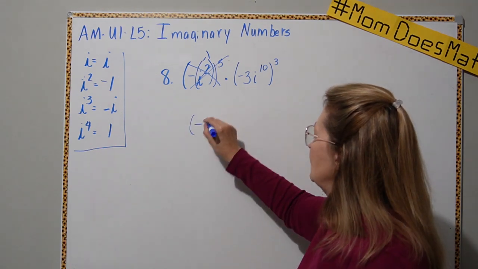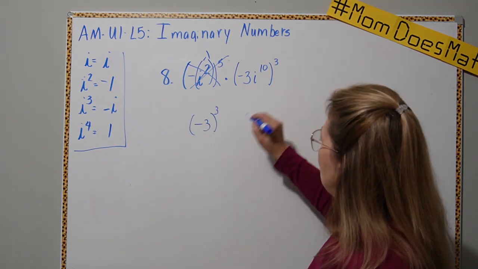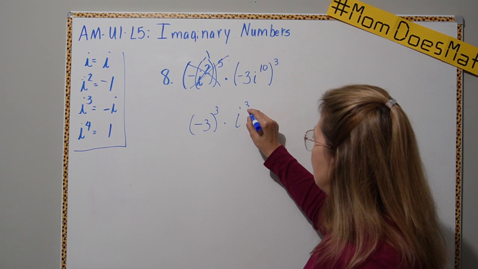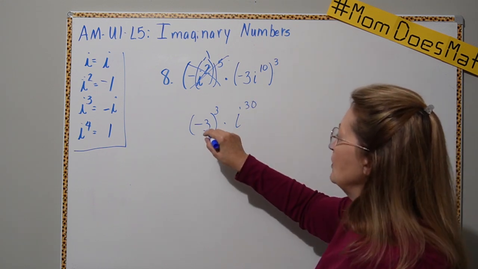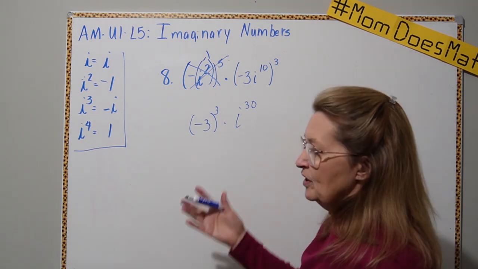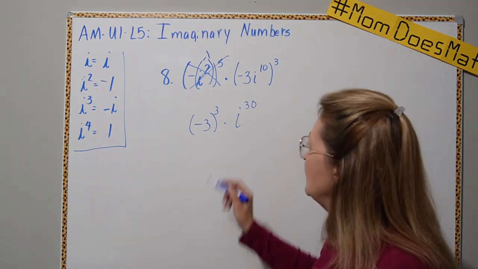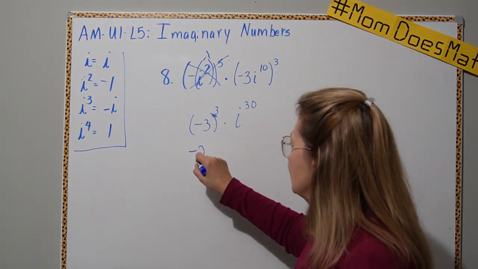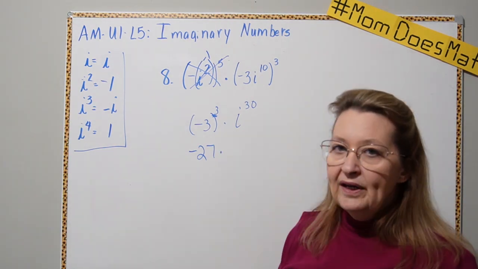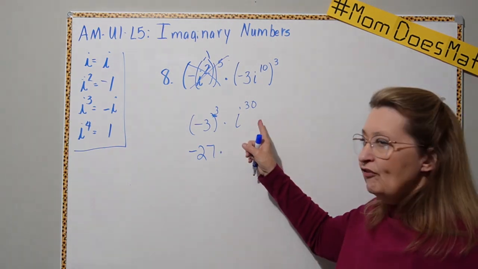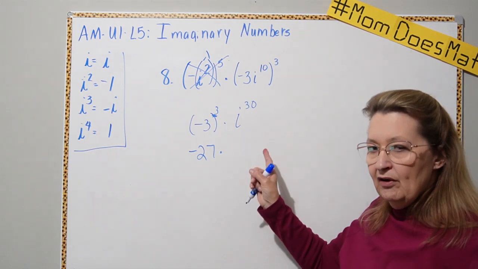Negative 3 to the 3rd power times i to the 30th power. Everything got a 3. So negative 3 to the 3rd power, 3 times 3 is 9, times 3 is 27. Since this is odd, it's going to stay negative. All right, i to the 30th. What is the next multiple of 4 that will go into 30 without going over?